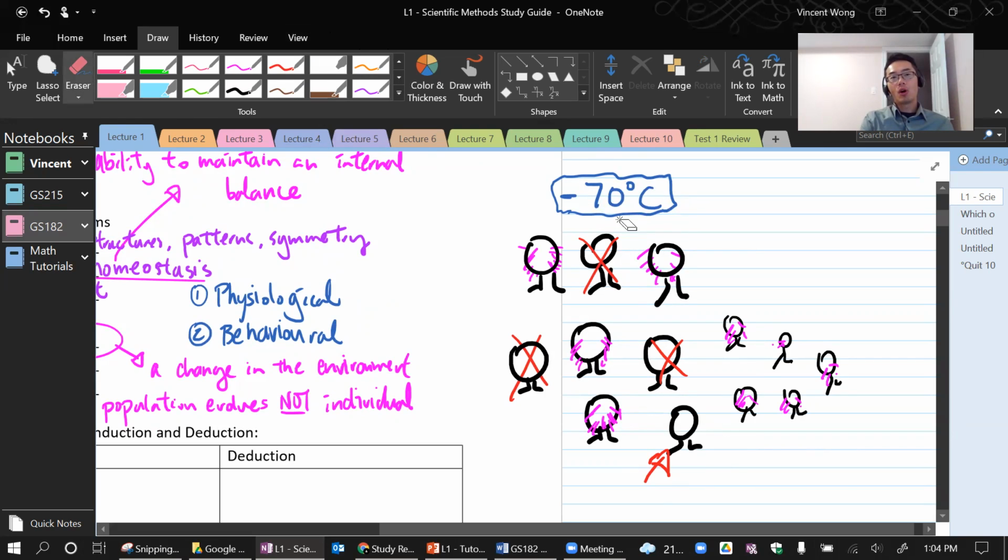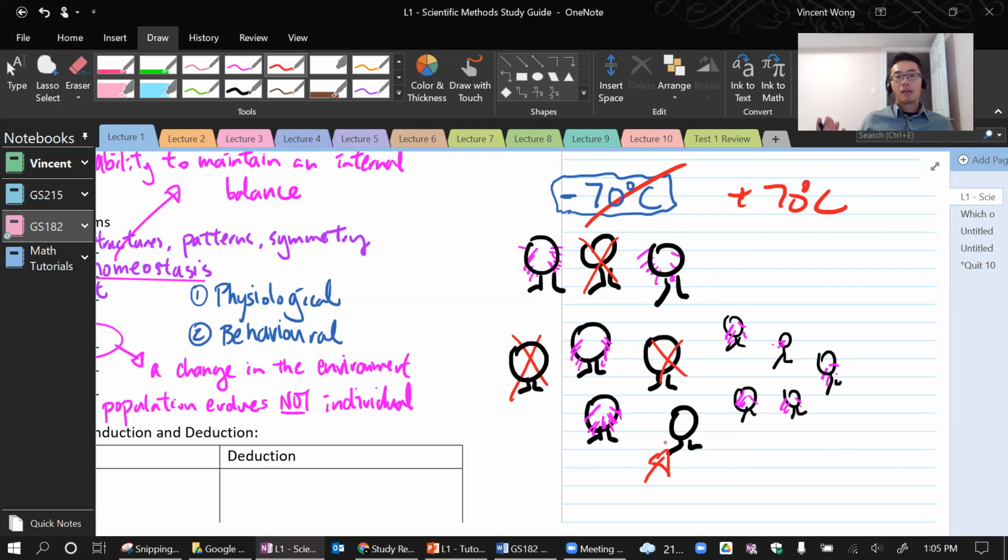If the temperature all of a sudden becomes very hot, like plus 70, then the furry ones will not be doing so well. Maybe they overheat and they die. And now these ones would prevail, and over time, the population would change again. So evolution is this ability for the population to become more adapted to a particular environment.